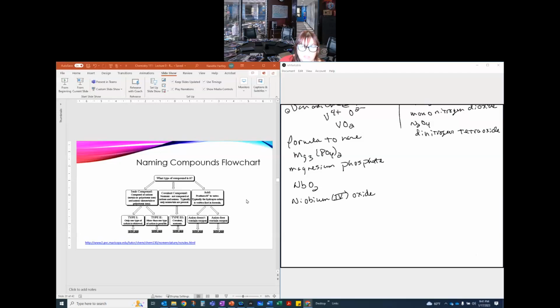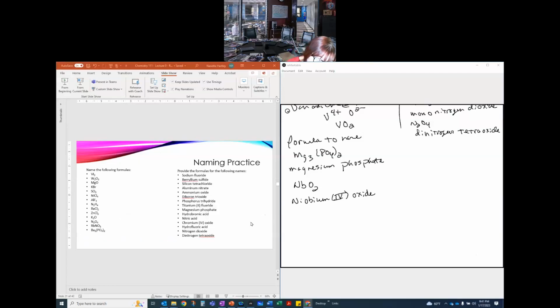If it's covalent, i.e. nonmetal to nonmetal, then I name the thing written first, and then the thing written second, change the ending to an ide, and specify with Greek prefixes how many of each I had, because they can come in different ways. All right, so that's how we do the nomenclature.